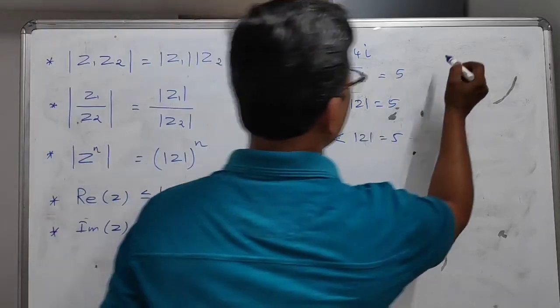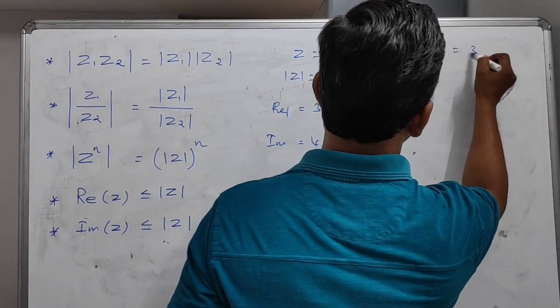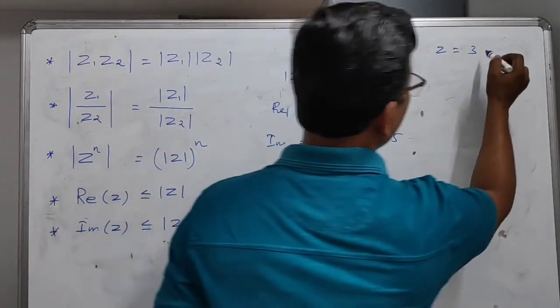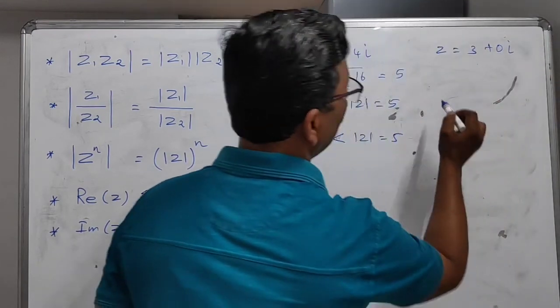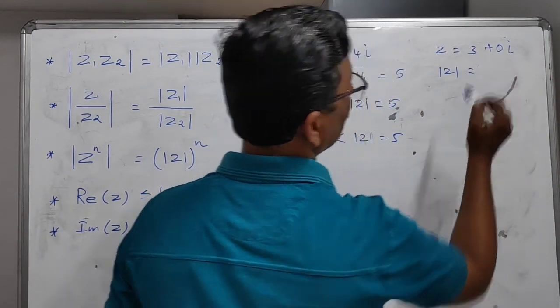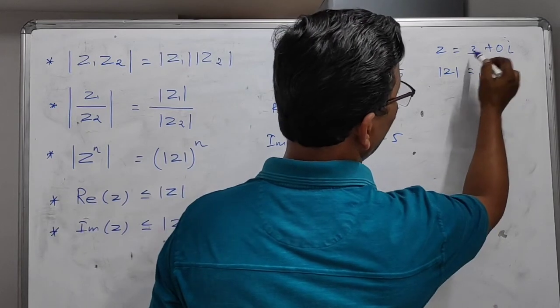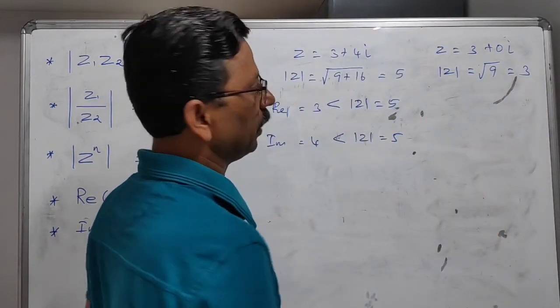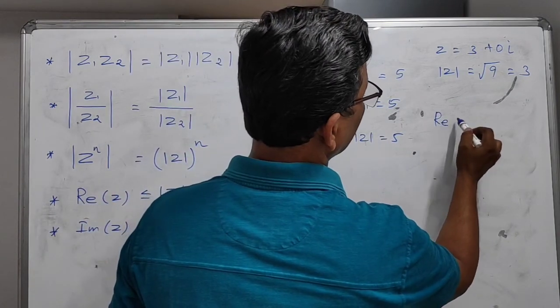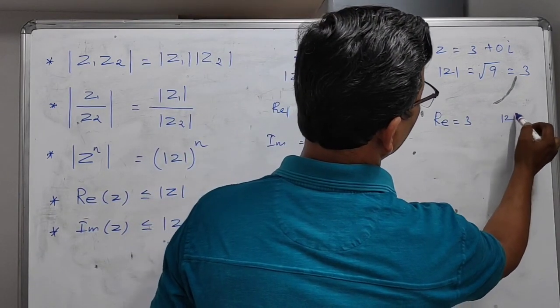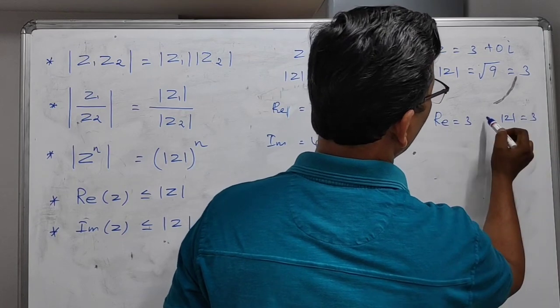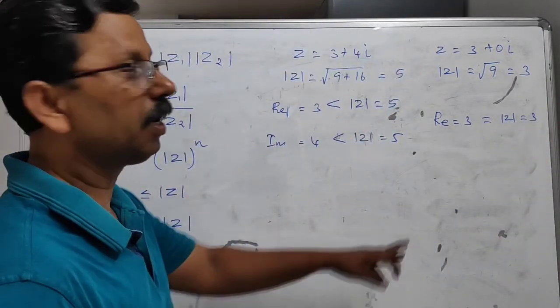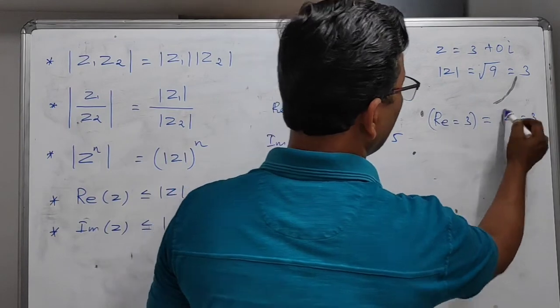Suppose you have z is equal to 3, which is a complex number. You can say 3 plus 0i. What is the modulus z? Modulus z is equal to root of real part square plus imaginary part square, which is root of 9, equal to 3. Now the real part is equal to 3 and modulus z is equal to 3. You compare these two: they are equal.